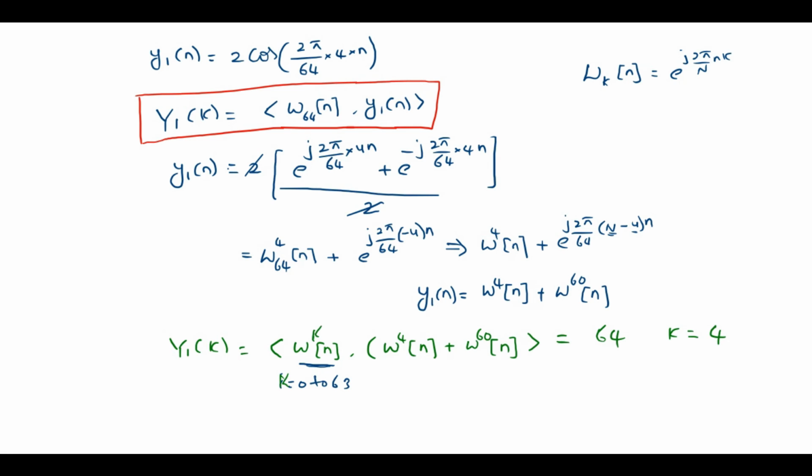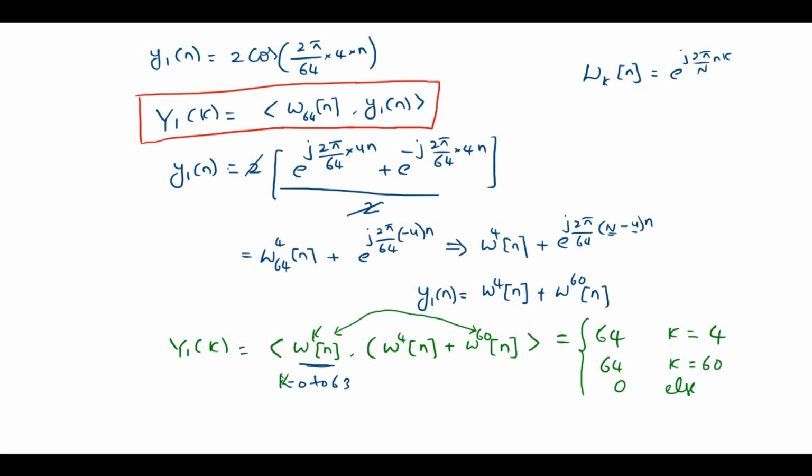The second one is W power k of n with W power 60 of n. Again, the inner product is non-zero only at k equal to 60, where the value is 64, and it is 0 otherwise. This is Y1 of k.